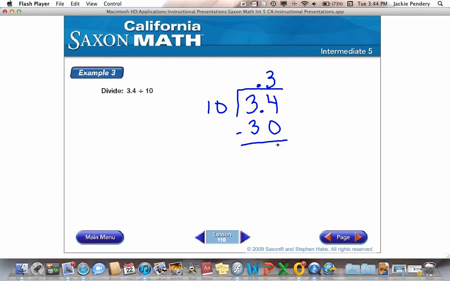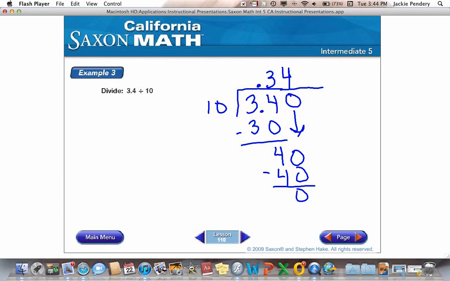I subtract, and now again, because this is not a 0, I'm going to extend this out, add a 0 to my dividend, bring down the 0, 10 goes into 40 4 times, 4 times 10 is 40, subtract, and now I have a 0.